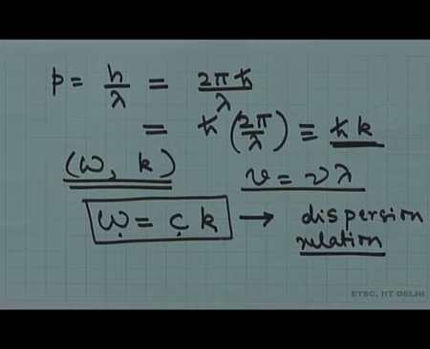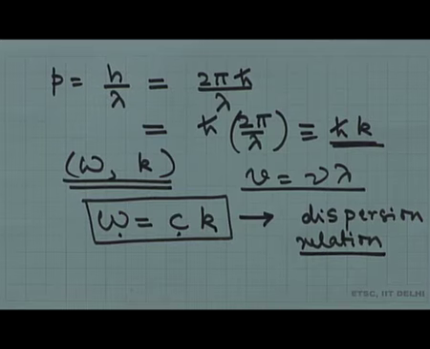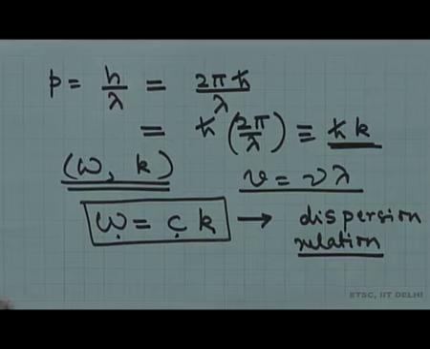Irrespective of what your frequencies are, irrespective of what your wavelength is, all frequencies travel with the same speed equal to c in free space. That is the statement that we are making, and essentially Einstein made use of it to propound the principle of relativity by saying that it is the same not only in one inertial frame, but in every other inertial frame, all possible inertial frames. So this is a dispersion relation.